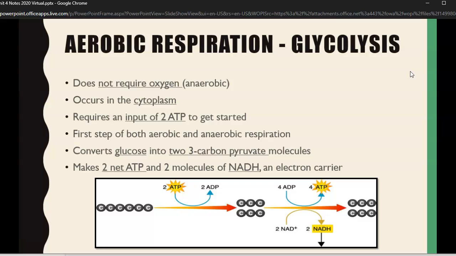Okay, aerobic respiration. We're going to be talking more about this in the next lesson. In this lesson, the first step is glycolysis. So remember, there are 3 main steps in aerobic respiration.